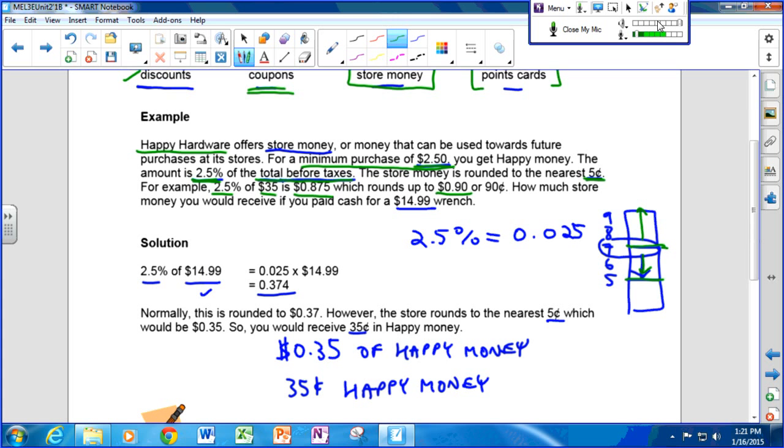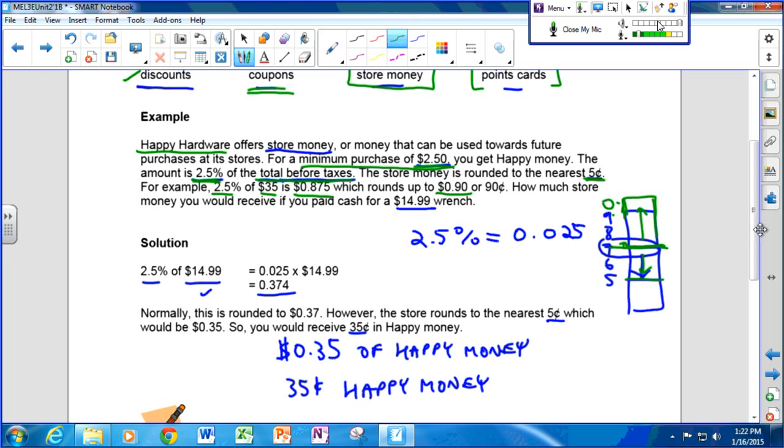What did we say? It was 90, I think. So are we rounding up or rounding down? I guess what we decided is that we're going to round up, because it's 7.5, right? It's just a little bit higher than 7, so we're going to round up. Okay, just make sure you round it to the nearest 5 cents.